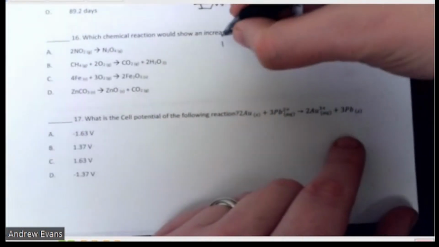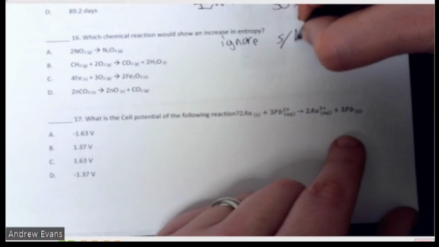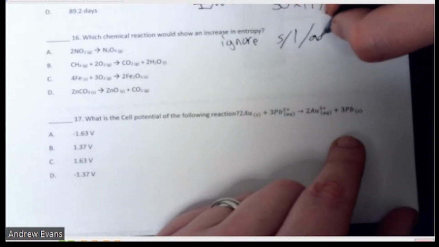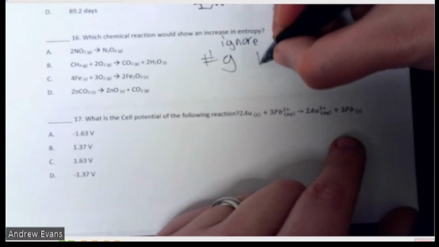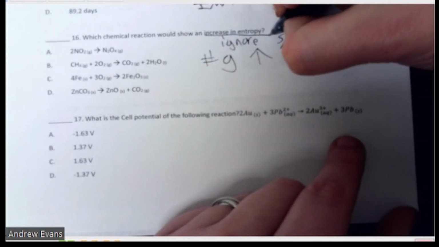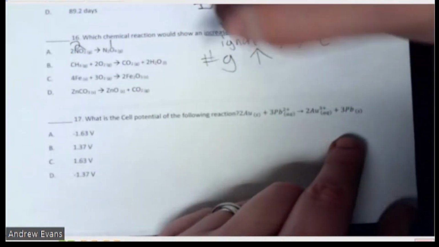Which chemical reaction shows an increase in entropy? We're going to ignore solids, liquids, aqueous. We want the number of gas to increase, to have an increase in entropy. We have 2, we have 1, not an increase.